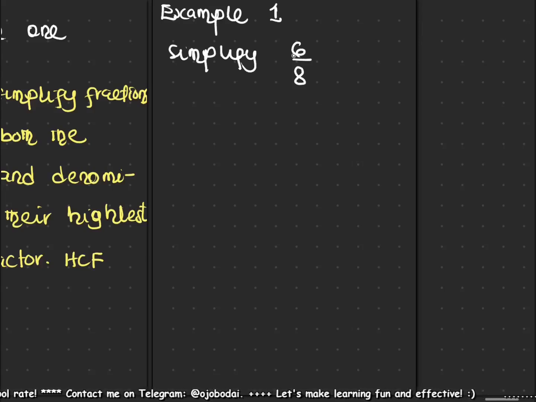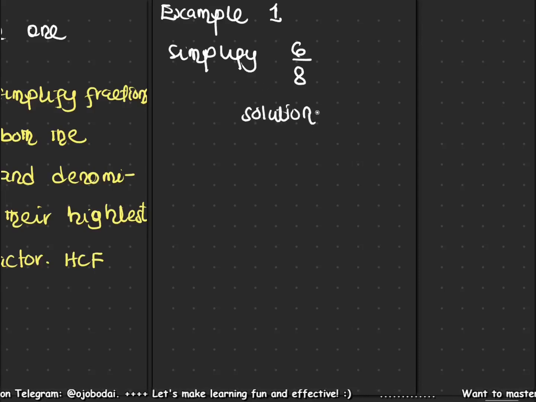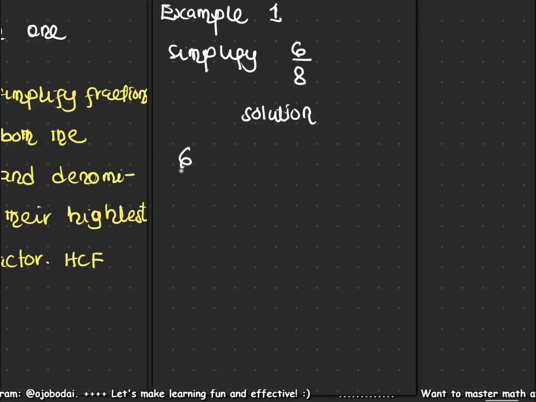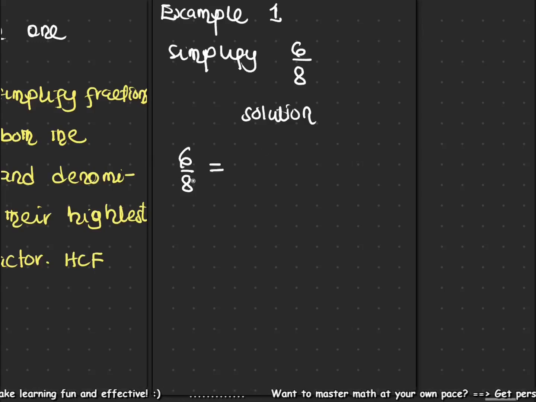For this first example, we want to simplify 6 over 8. How do we go about it? All we need to do is look for the highest number that divides both 6 and 8, which is 2.